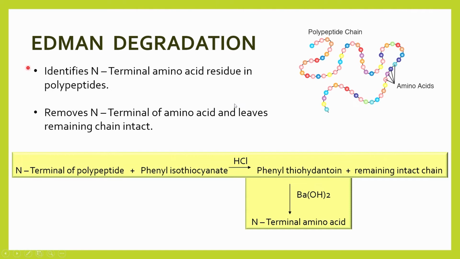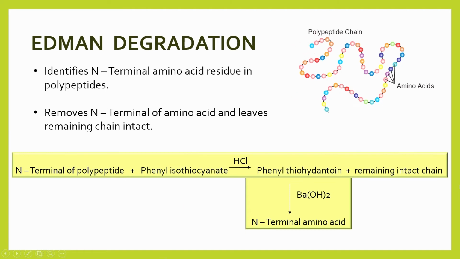Starting with the first method, which is the Edman degradation. Now let us assume that we have a polypeptide chain which is made of several amino acids, but we don't know the identity of these amino acids. According to the end group analysis, we analyze the end part of a polypeptide chain.